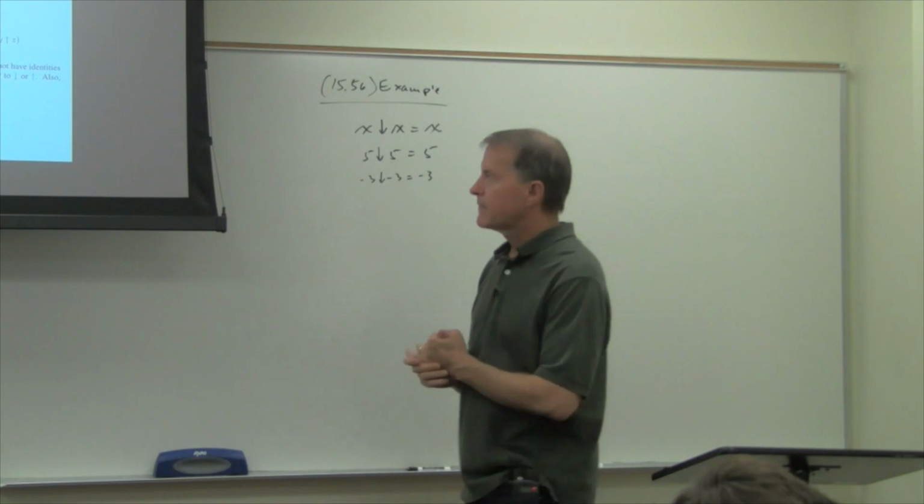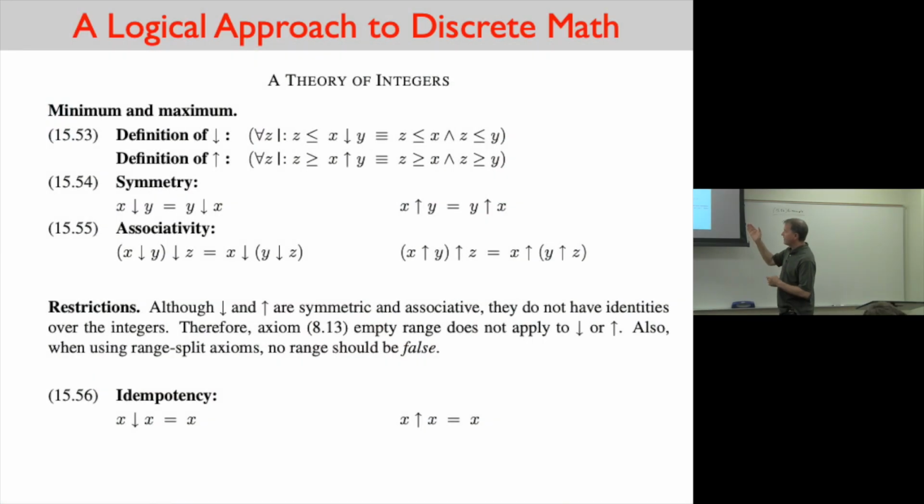And now let's take a look. Somebody pointed this out in 15.53. It's the definition of min. Now look at the definition of min. This is kind of interesting because the definition of min is not in the form x min y equals something.